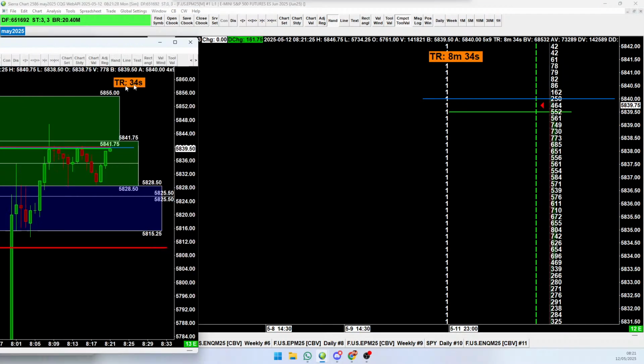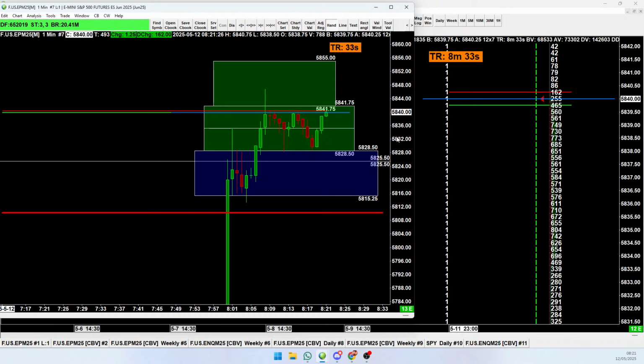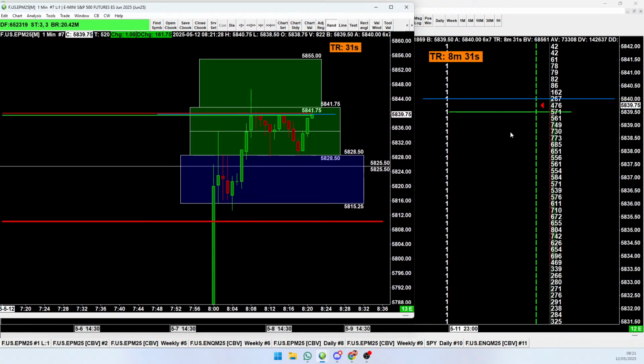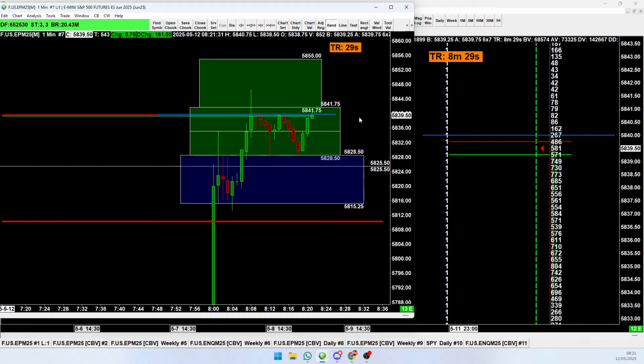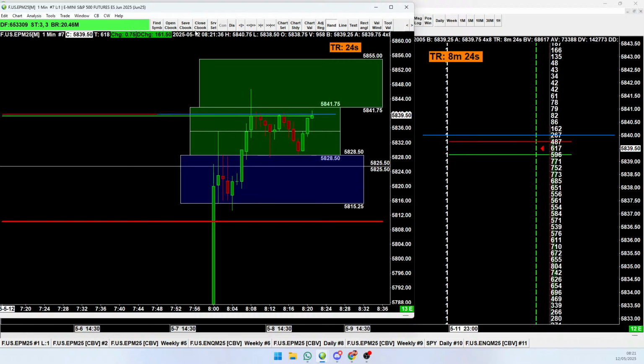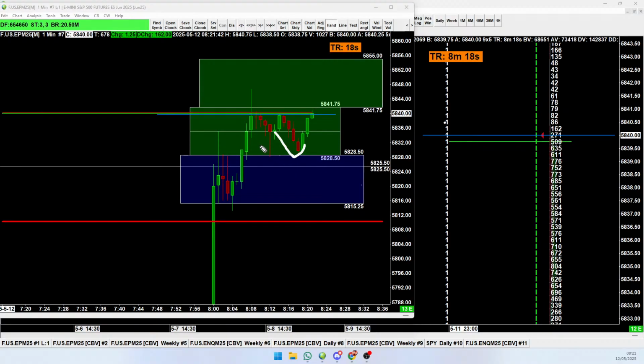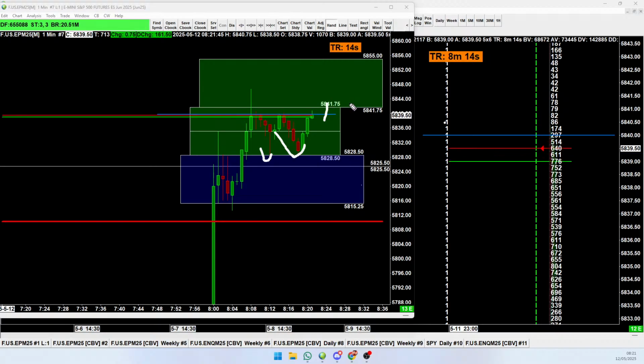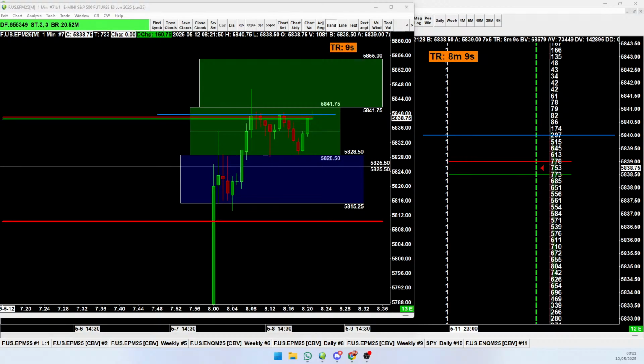So, all right, let's see if we can get back over 58.40. Because if we trapped enough shorts on these lower moves, we'll be able to pop this over 41. There's going to be a lot of people offside, Raj. There's going to be a lot of people offside.